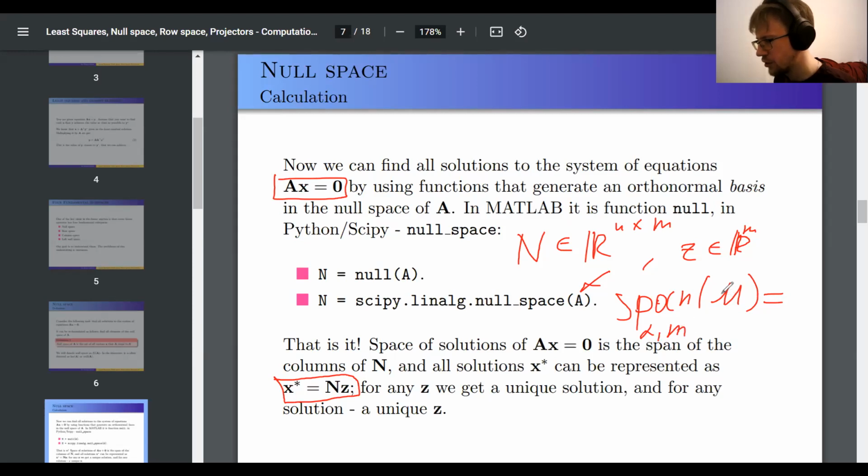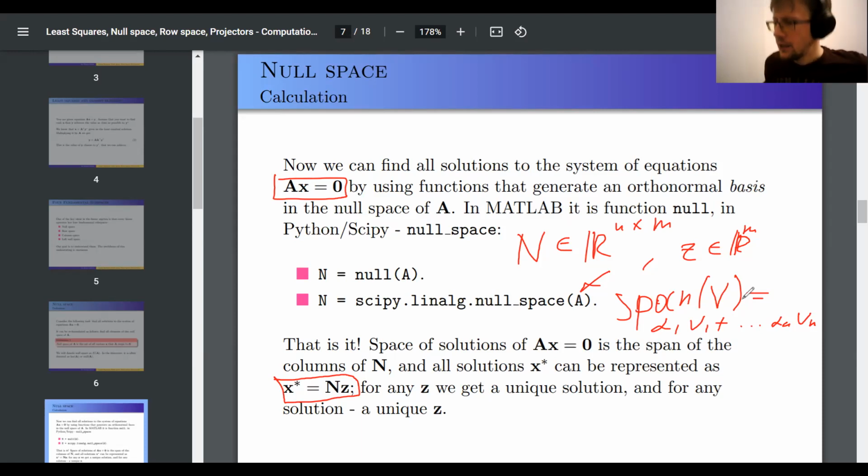Let me write V instead of M. It will be all possible linear combinations of the columns of V. That is span. So you multiply any column by any number, add it to any other column multiplied by any number, and so on. It's summation, subtraction, any linear combination.